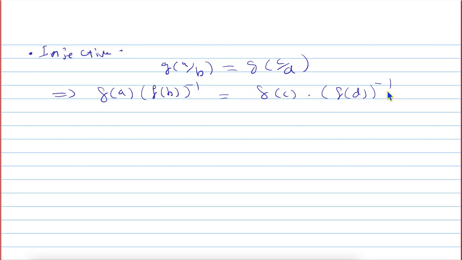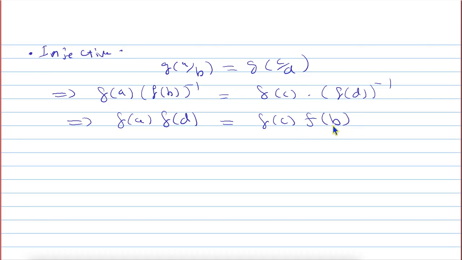Now this also means we can just multiply by f of D on both sides and also by f of B on both sides. So this implies that f of A into f of D equals f of C into f of B, okay?